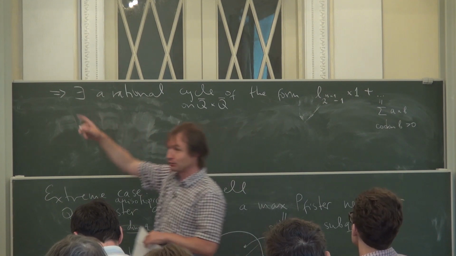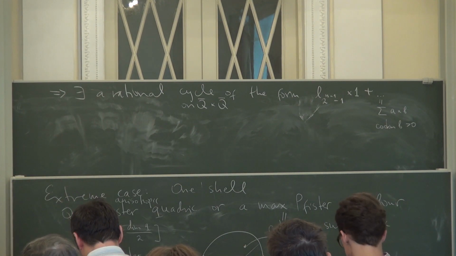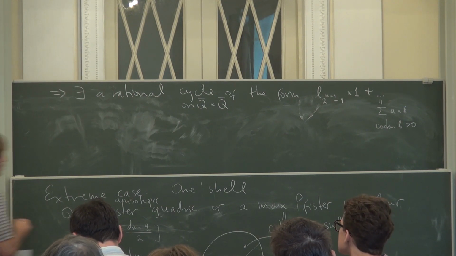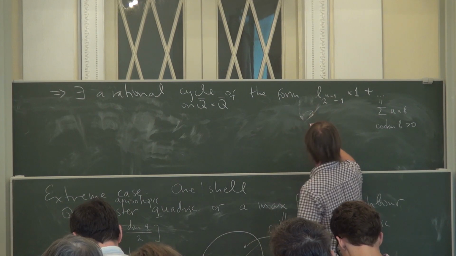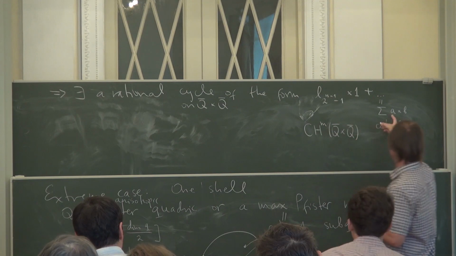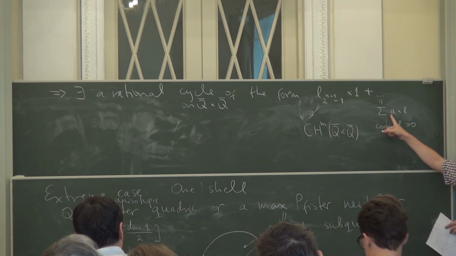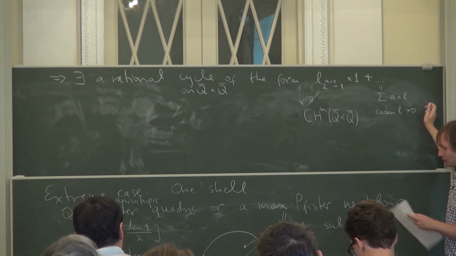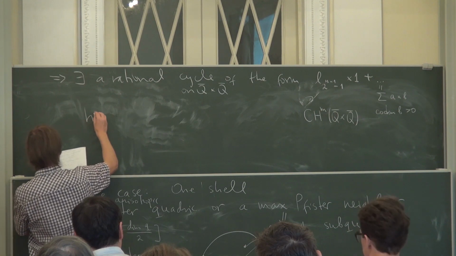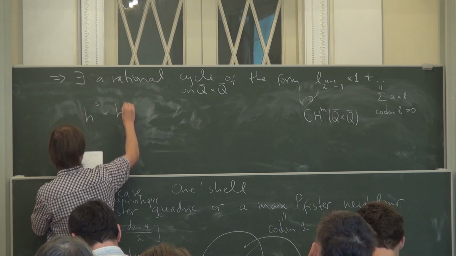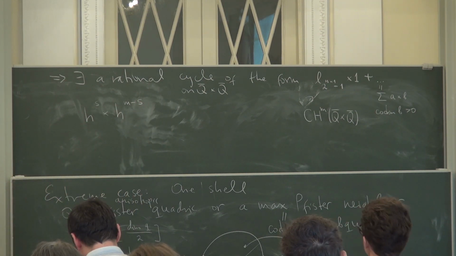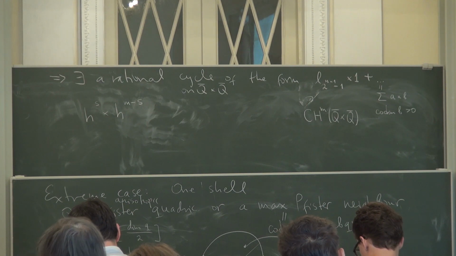But by step 1 we know explicitly the basis. The bases are H's and L's. We also know this element lies in Chow M, so it has codimension M on the product. Well, there are not so many possibilities for A and B. So what can it be? It can be some power of H times another power of H, so the total degree should be M. This is one possibility.